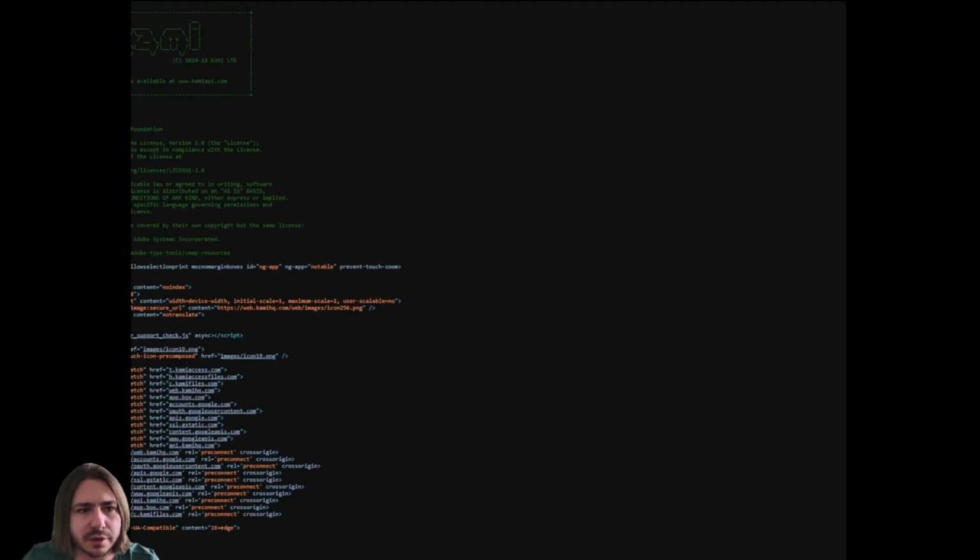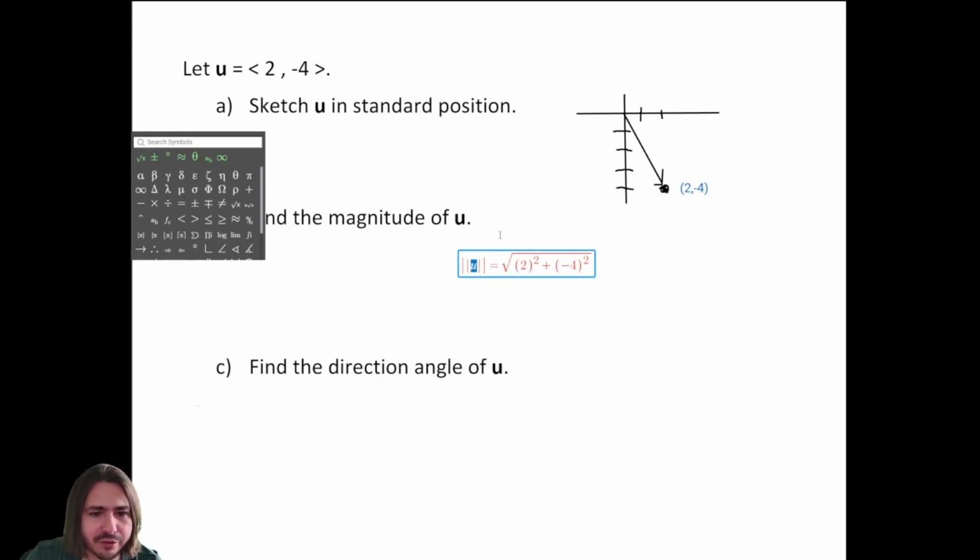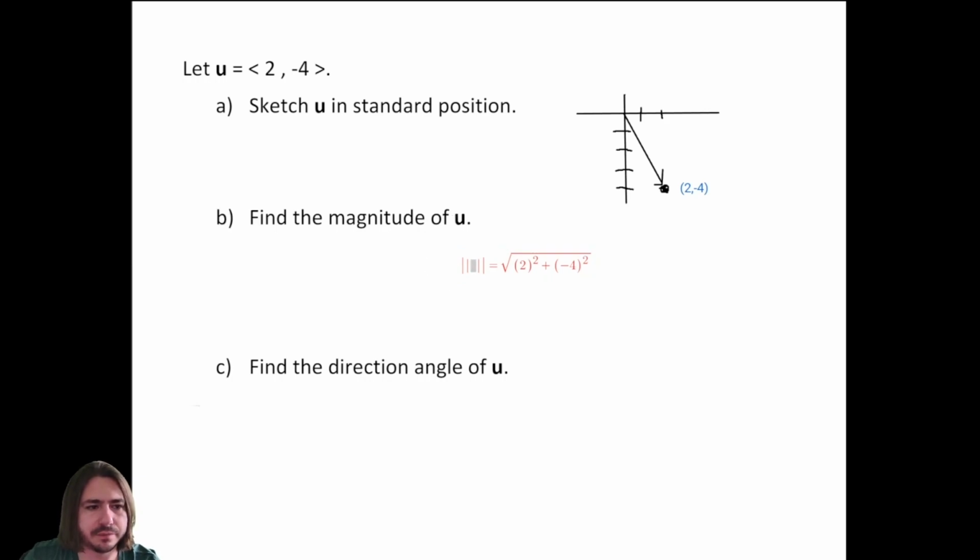Oops. That is not what I wanted to come up. Let's try that again. I guess I can't control it. Here's what I'll do, I'll just draw it in. No, it's not going to. Okay, all right, you win, Cammy.